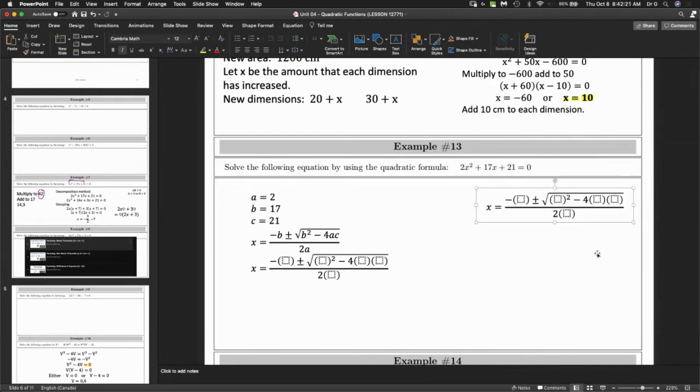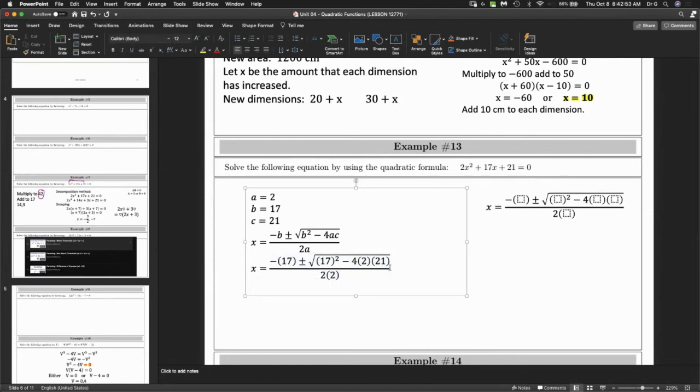I find it quite useful. And then it's easier for you to populate these brackets just by matching it to your reference right here. So b is 17, a is 2, there's an a down here, and then c is 21, like that.